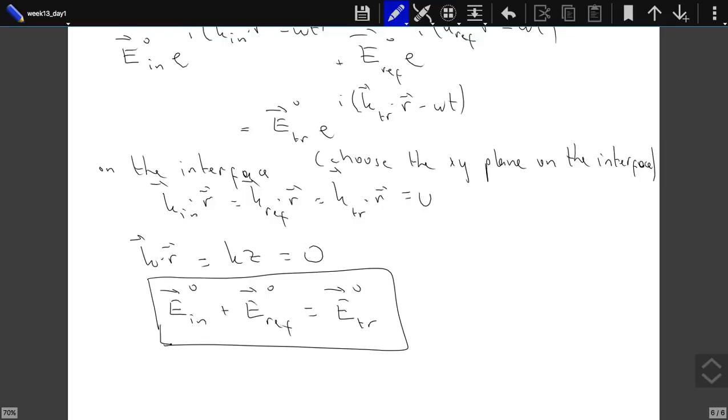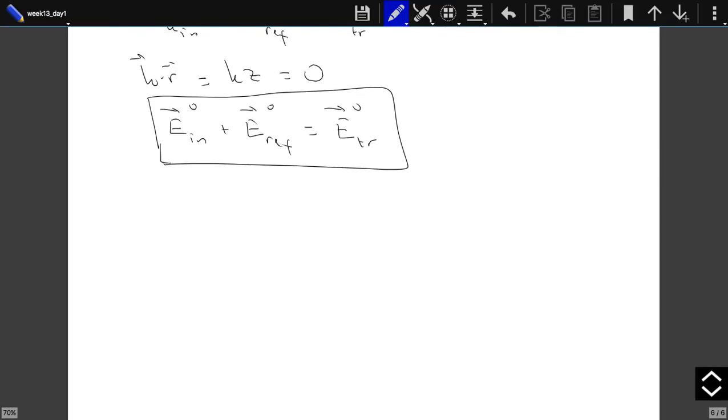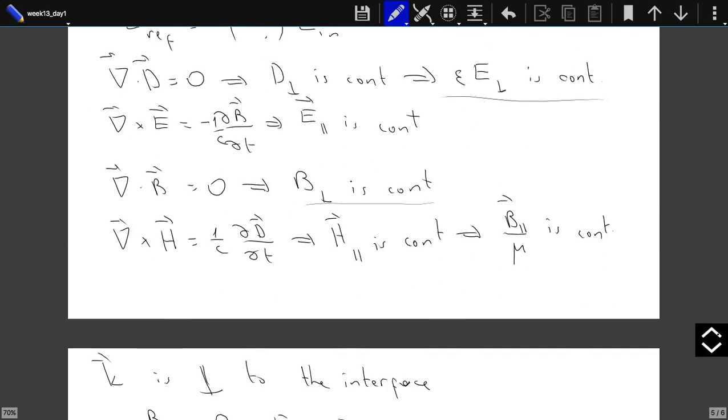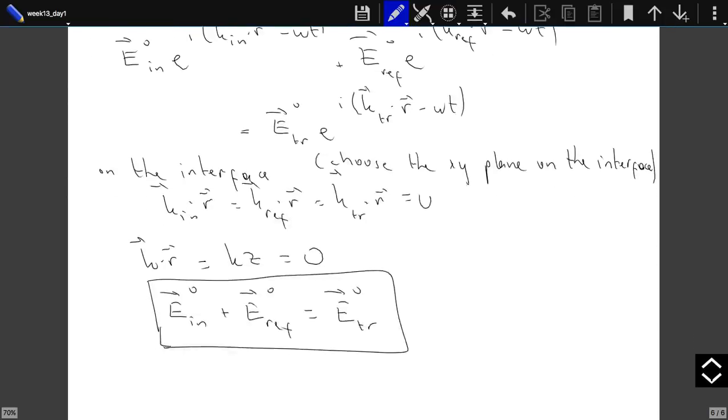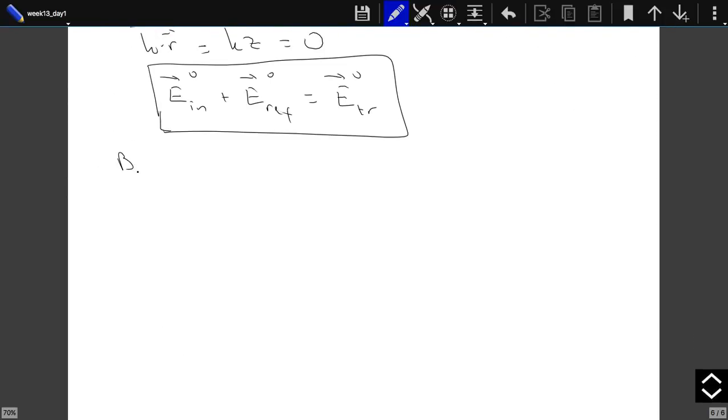Now let's look at the other condition. The continuity condition is that B parallel divided by mu is continuous. We know that B is nothing but k hat cross E divided by mu.